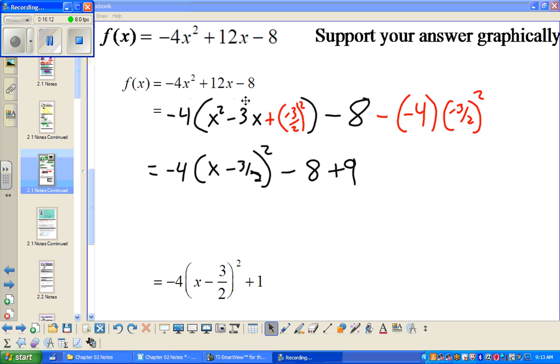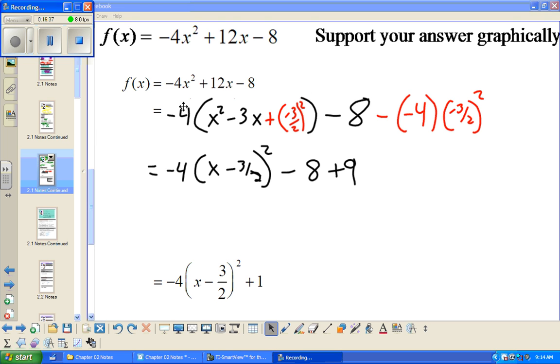So what you can see here is I had to factor out a -4 from the first two terms because the leading coefficient needs to be a 1. Then inside here, when you're completing the square, you always take half of the b value and square it. And remember that whatever you end up adding in here, you have to cancel out over here.